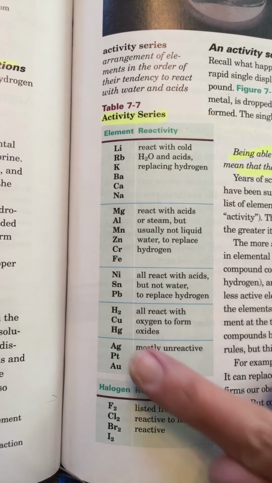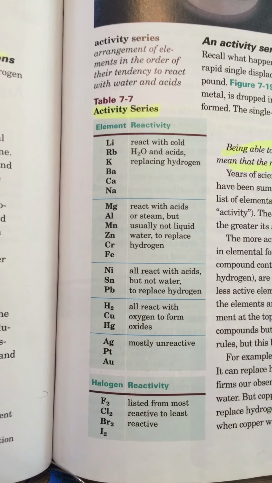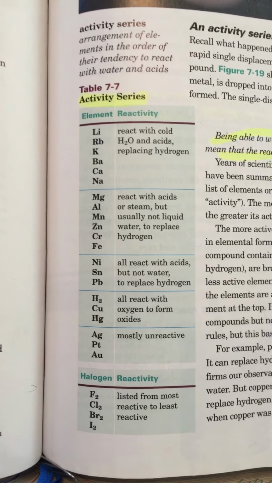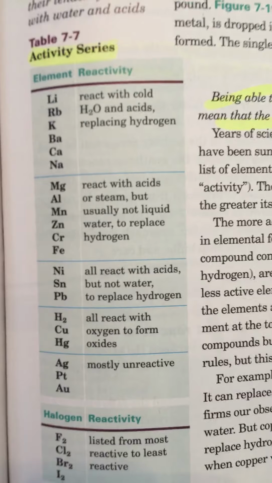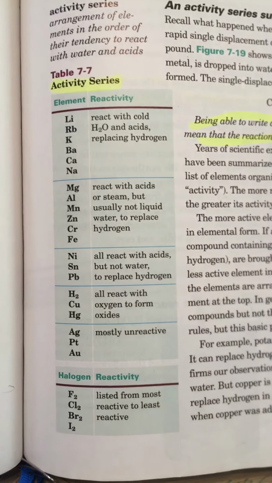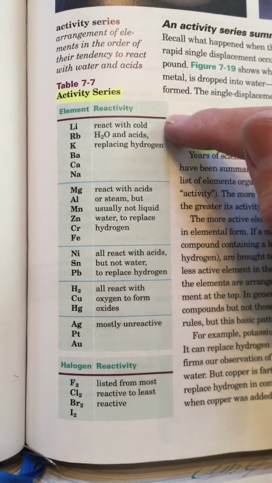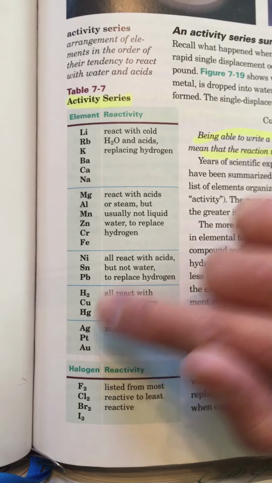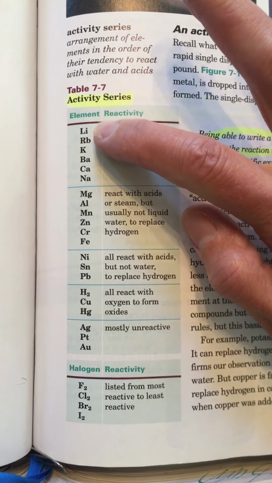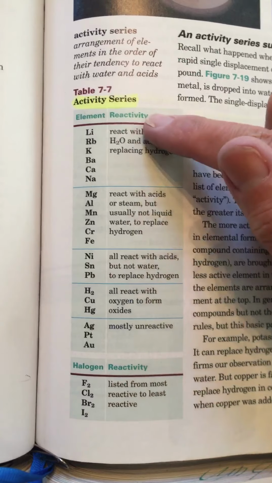You look at the little chart and here's copper, and if hydrogen is above it, actually this one doesn't have it, my one at school has it, then if an element is above it, it's stronger and it can't replace it. So like if copper wanted to replace lithium, it could not. But lithium could replace copper because it's above it.